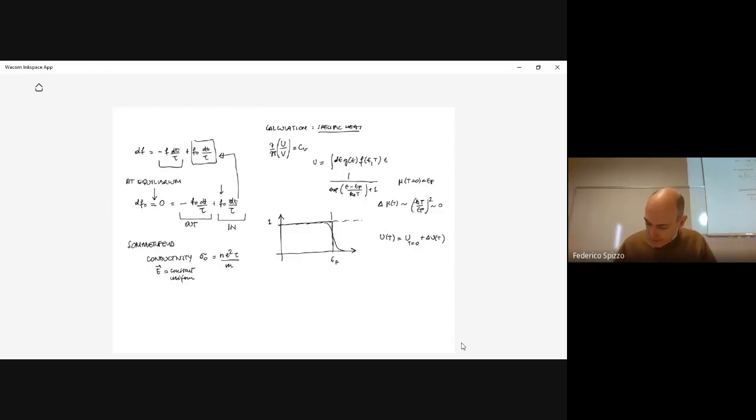So this is the T equal to 0 situation, and this is the T larger than 0 situation.